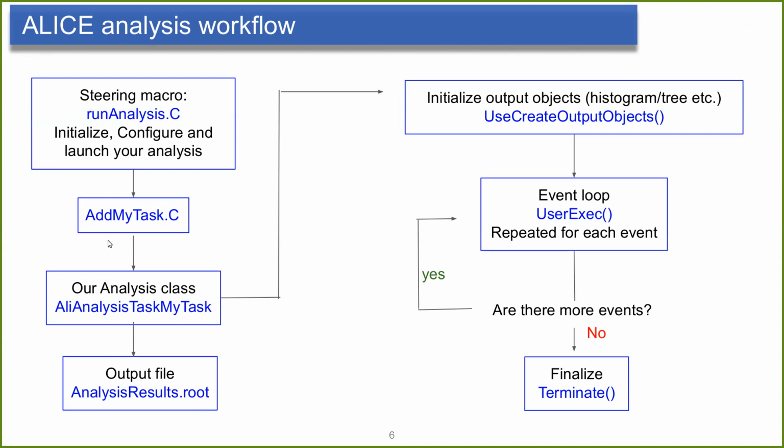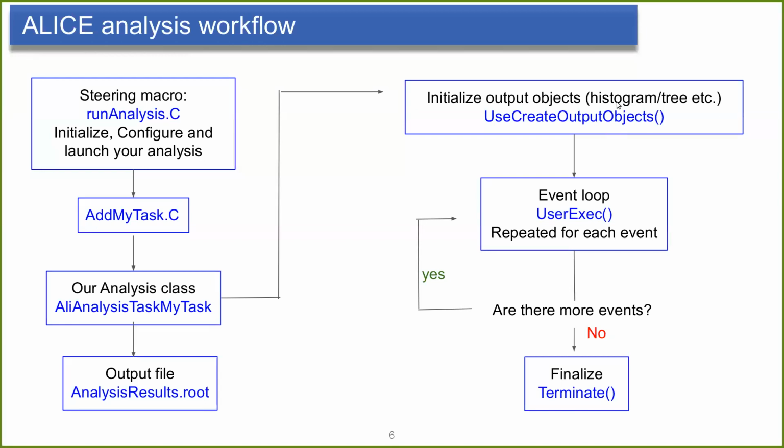Then this AddTask macro calls your analysis task here. This analysis task basically has three different functions: UserCreateOutputObjects, UserExec, and Terminate. These three functions have three different roles. For example, the first function, UserCreateOutputObjects, is where we initialize our output objects.